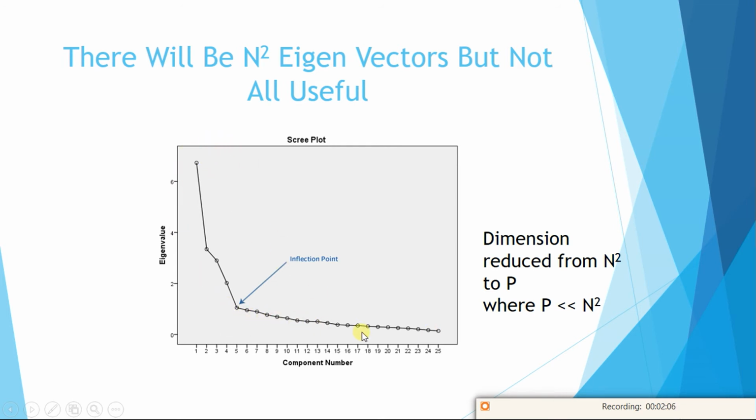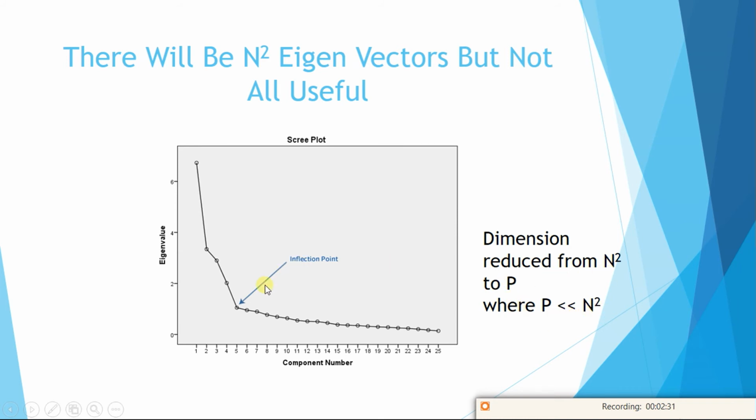So if we choose only the first p eigenvectors, we can represent the whole data while losing very little information. So we reduce dimension from n square to p, where p is less than n square.